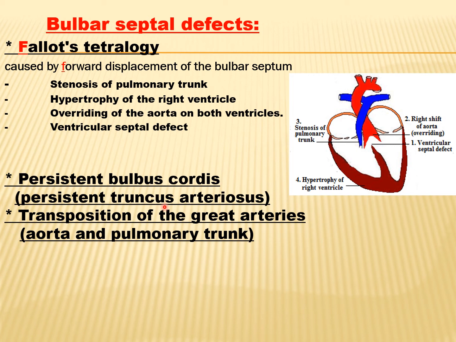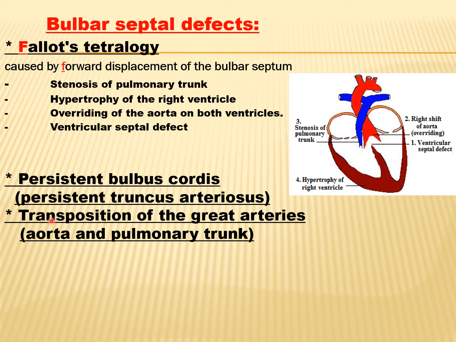So in this condition, one artery arises from the heart, overriding both ventricles. There is no aorta or pulmonary trunk, but only one artery arising from both ventricles. This is called persistent bulbus cordis or persistent truncus arteriosus.